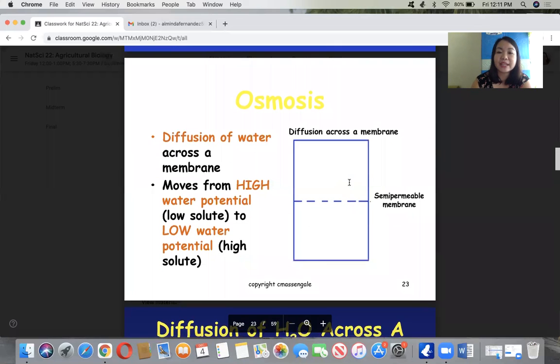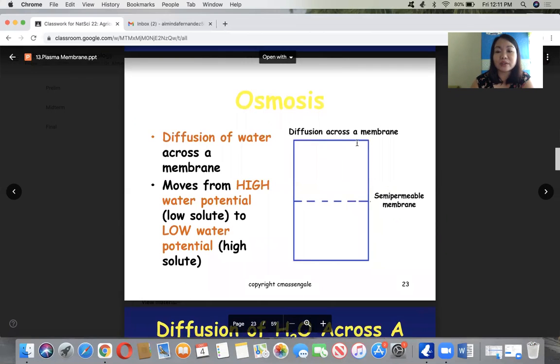So aside from diffusion, we also have the so-called osmosis. It's the diffusion of water across a membrane from high water potential or low solute to low water potential or high solute. So take note, high water potential has low solute and low water potential has high solute.